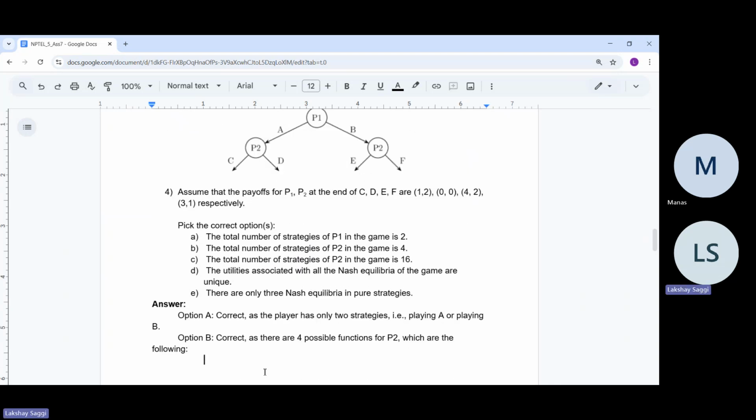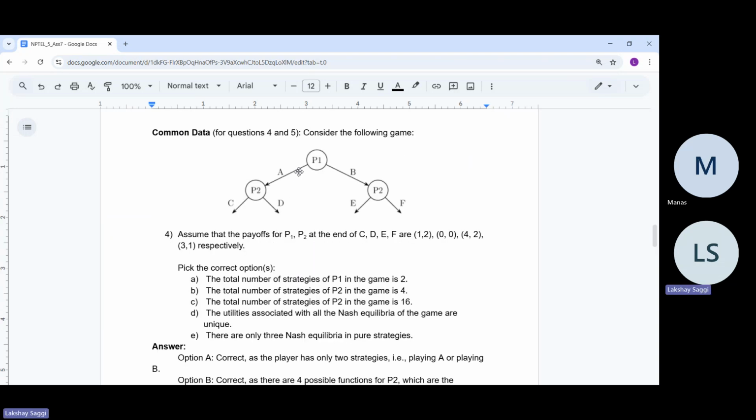So the function F1 will look something like this, that suppose player one has played. What's a good way to represent this?